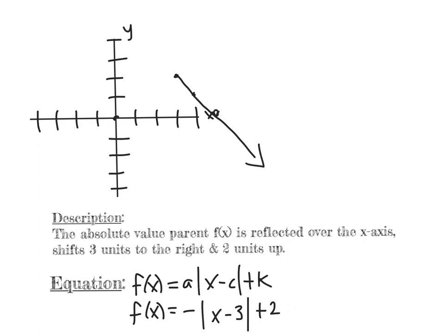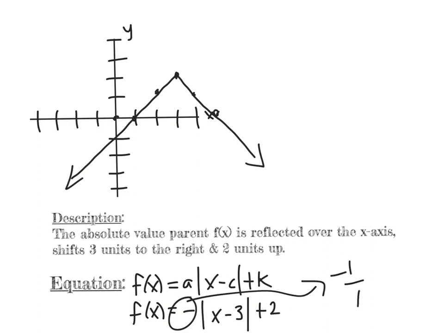On the left, the other half of the V goes down 1 over 1 to the other side. And we have the other half of the V, where the slope here is negative 1 over 1. That's why the function is pointing downward, and it moves 3 to the right and 2 up.